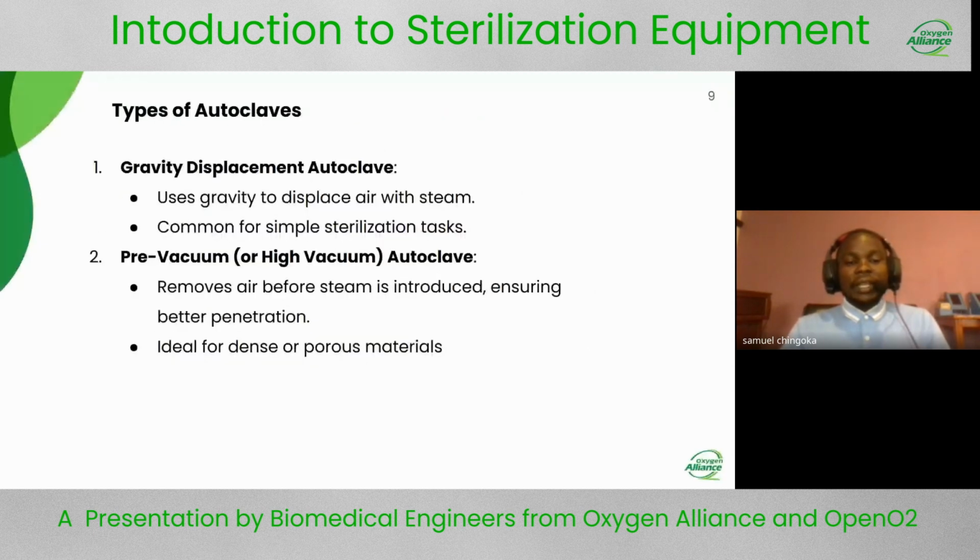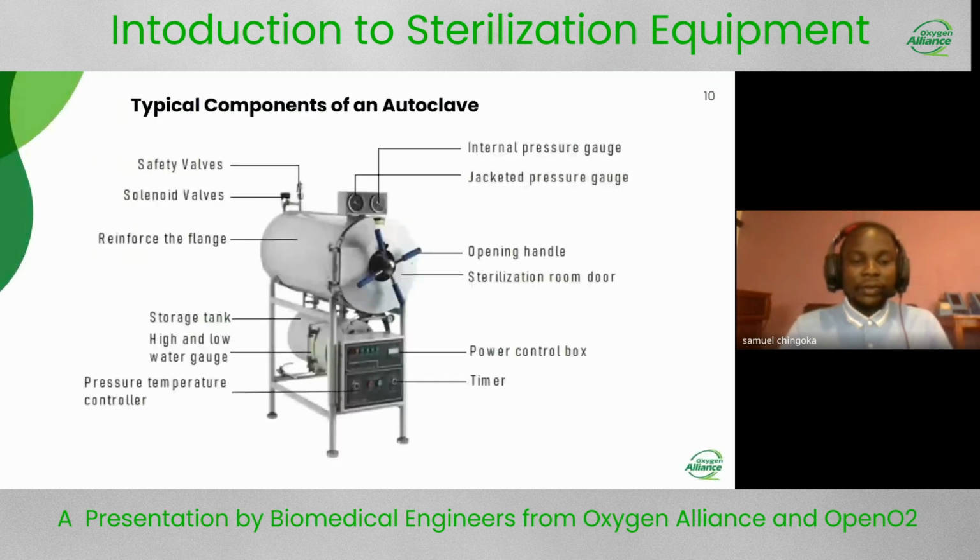When our load is wrapped, we want at all costs to remove every bit of air which may dwell in these wrapped objects, because air affects the penetration of steam to the objects we want to sterilize, whereby we cannot achieve our sterilization process successfully.